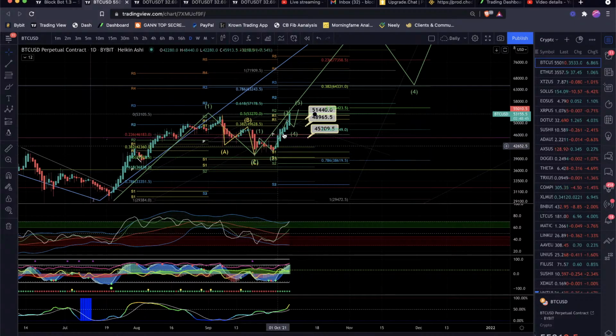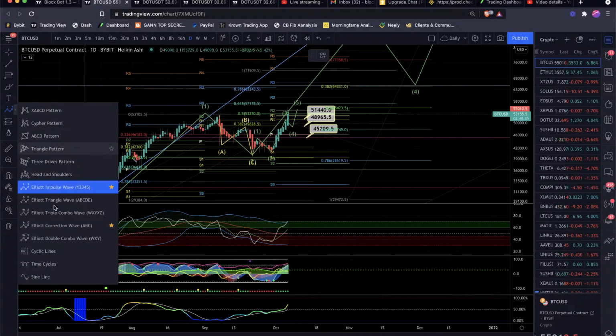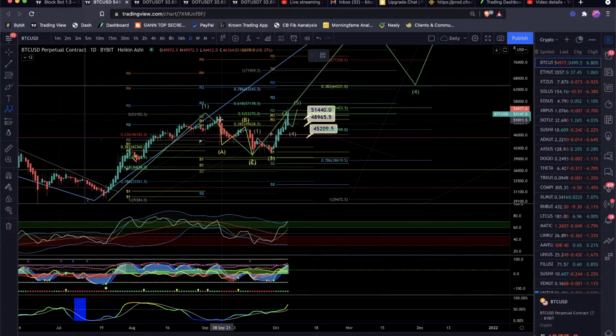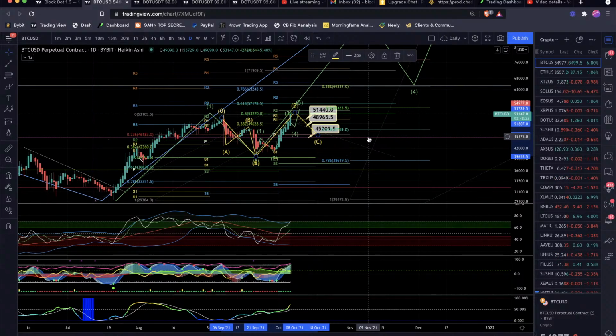We're basically having our ABC right here, and we'd have another C leg down and then launch back off. So that is the other option that we could be looking at, like so. Something like that, where we'd come back down and retest basically 46.2, 46.3, somewhere within that ballpark.